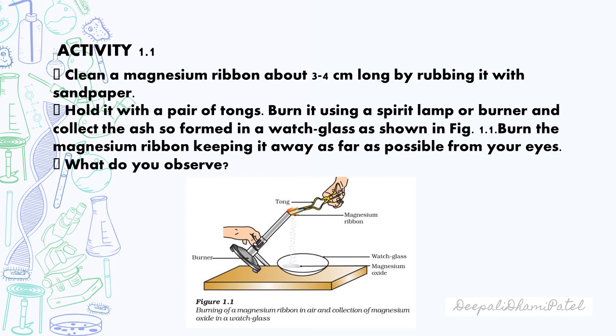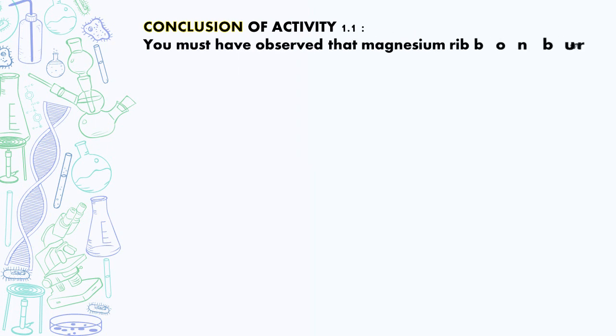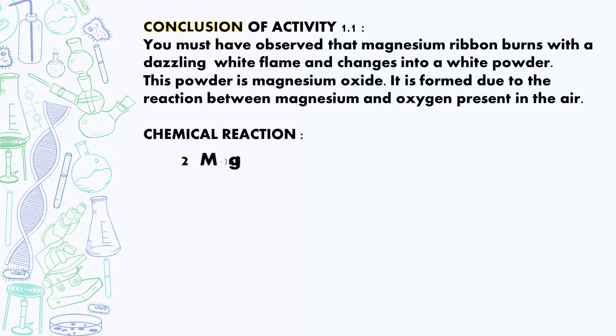Let us see what conclusion we come to from this activity. We can conclude that when magnesium ribbon burns, it burns with a dazzling flame and changes into a white powder, and this white powder is magnesium oxide.